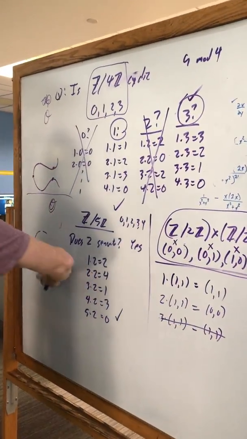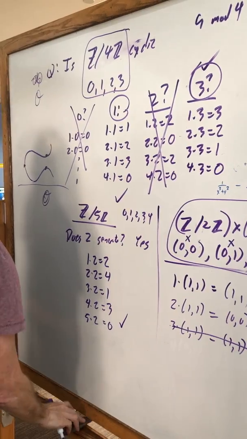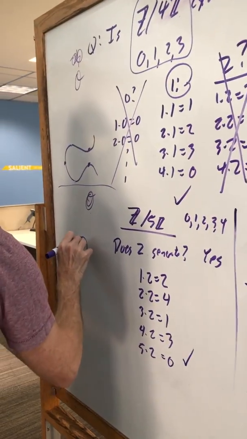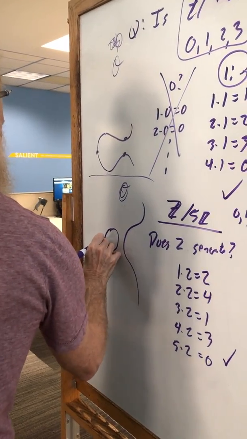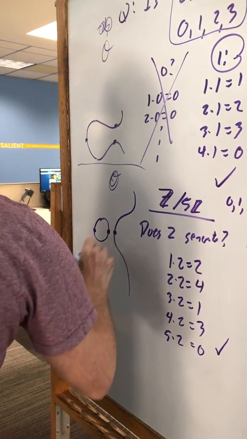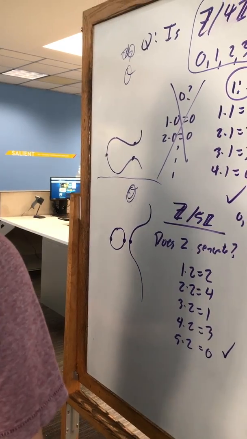In fact, the one that's not cyclic is going to look like this, and our 3 points are going to be like this. That's if it's not cyclic.